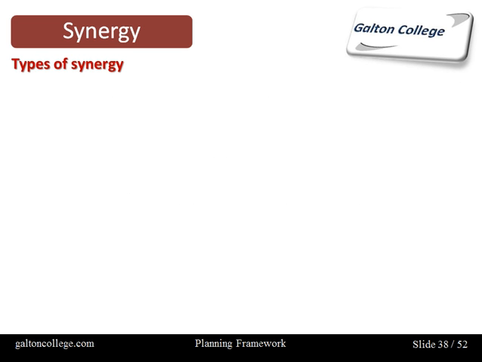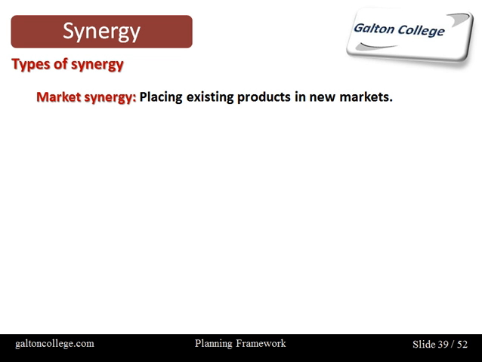Now the types of synergy. Well, there's market synergy, placing existing products in new markets. There's a synergy because there's no research and development, no development costs at all, because it's an existing product. It's just placed in a new market.